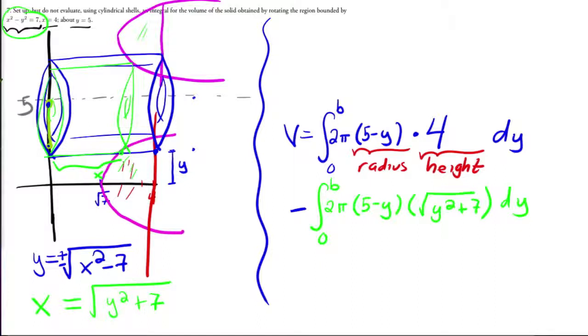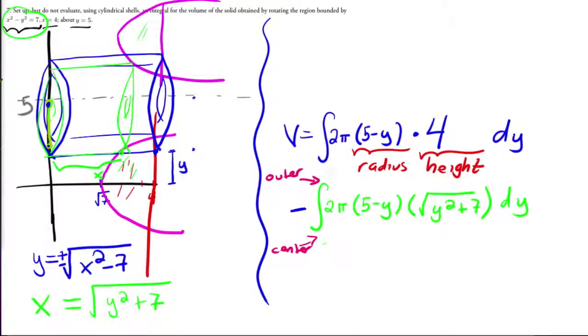And now let's put in our b here. Let me erase these guys. Remember, these represent what y is going to go from and to. Let me erase the bottom one here, because normally it's 0, but here, because we're off center a little bit, it's going to be different. Just remember that this is from the center to the outer edge.